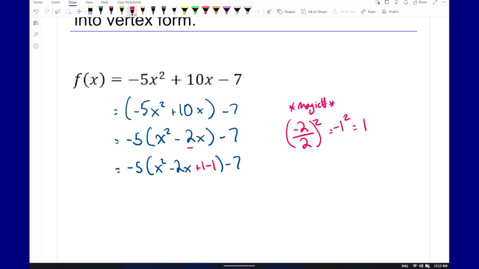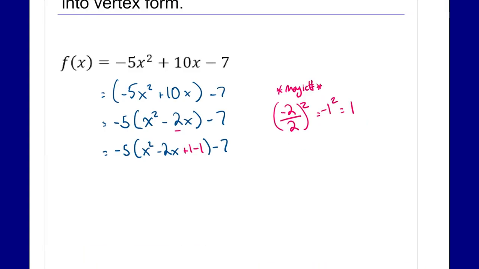We are going to have to move this negative 1 to the outside. I'm going to end up moving this negative term on the outside, but I do have to reapply that a value, or that factor out front.